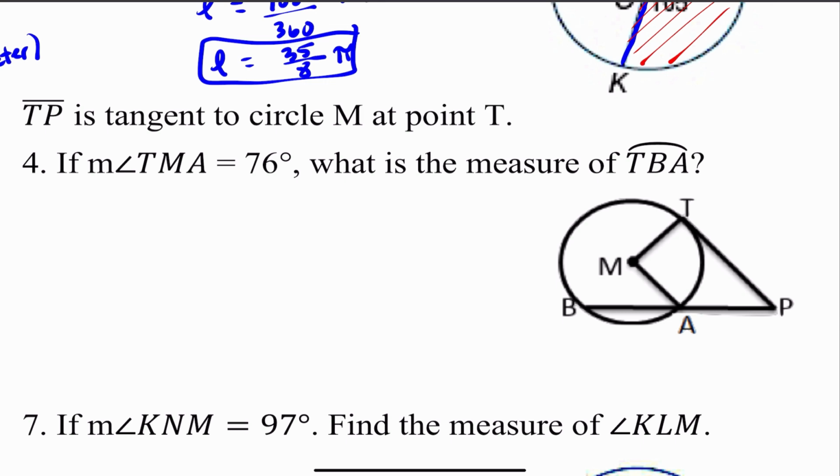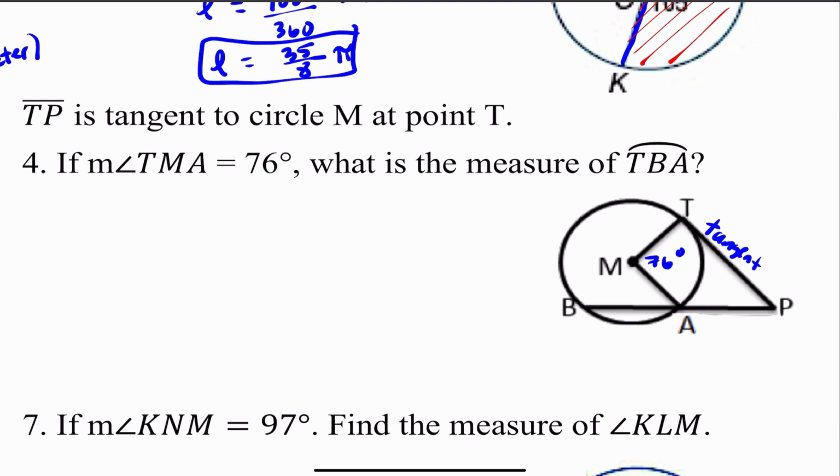So, this is what they're referring to. This is the tangent segment to be exact. If the measure angle TMA is 76 degrees, what is the measure of major arc TBA? Okay, so where is the measure angle TMA? It's right here. It's 76 degrees.